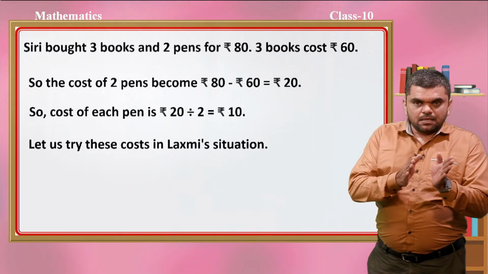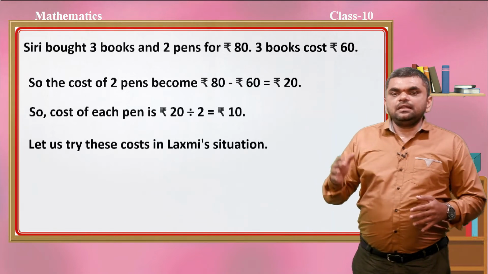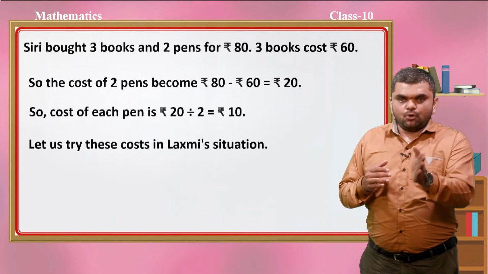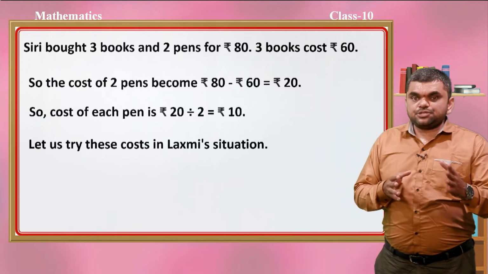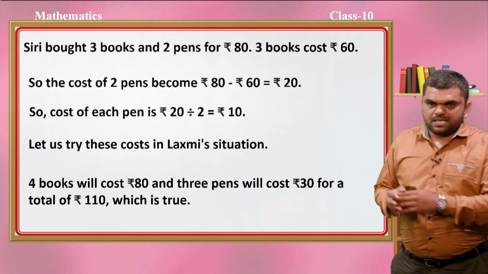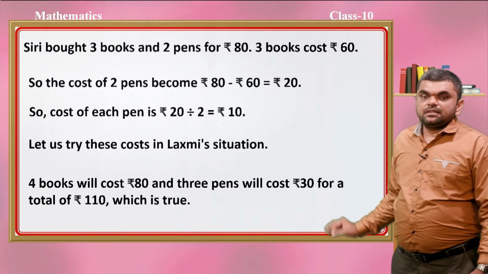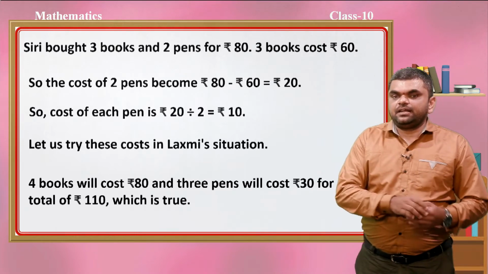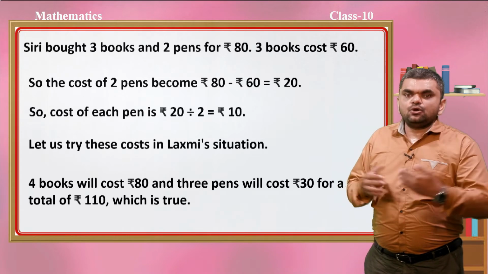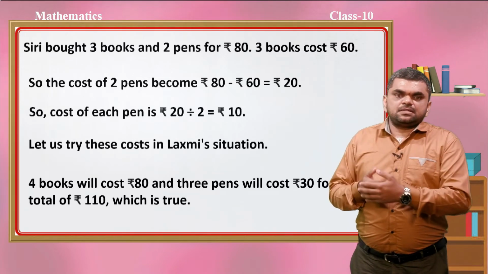Let us do this activity in Lakshmi's situation. Lakshmi bought 4 books which cost 80 rupees and 3 pens cost 30 rupees, equalling 110. Both are true in this case. Then we can easily conclude what the cost of a pen and the cost of a book is.